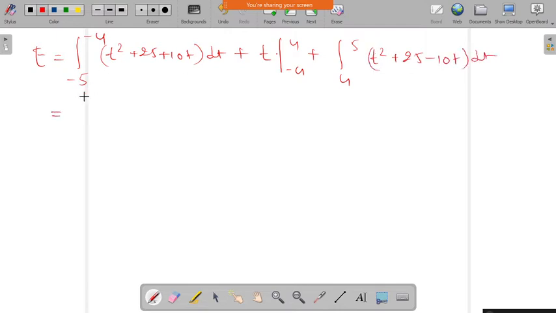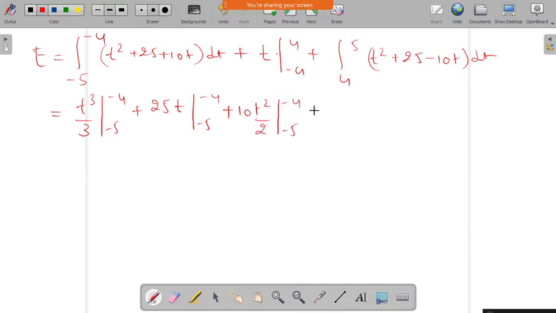So if you integrate this one, t cube by 3, we need to substitute -5 to -4, plus 25t, plus 10t square by 2, from -5 to -4. Plus this one, 4 minus of -4.